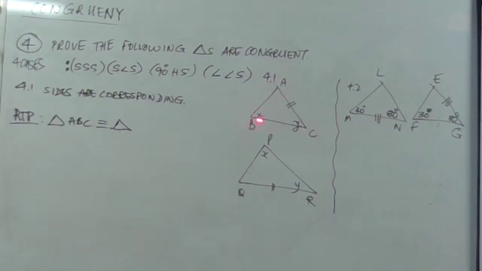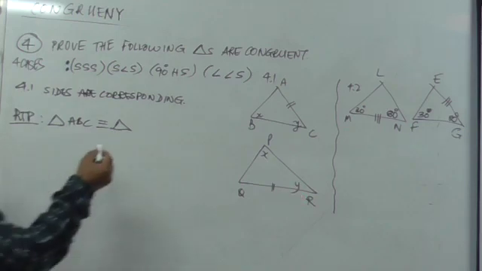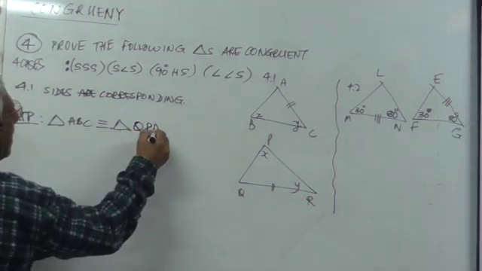When we say ABC, we are going from the blank angle to X to Y. So therefore, in this diagram, we must go in the same order: from the blank to the X to the Y. So it will be Q, P, R.